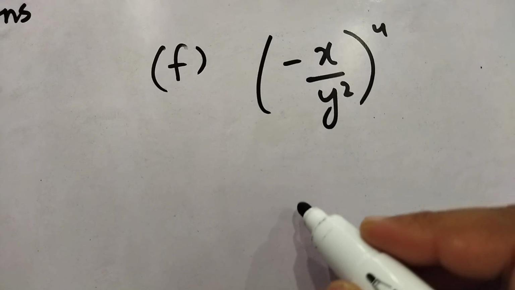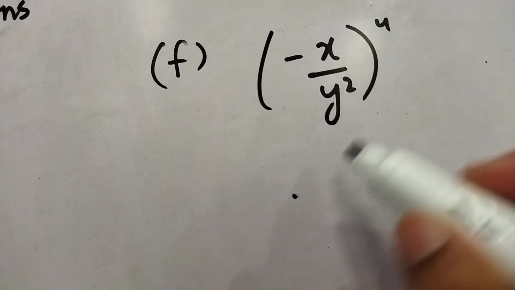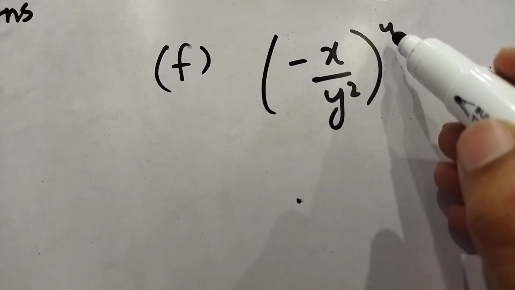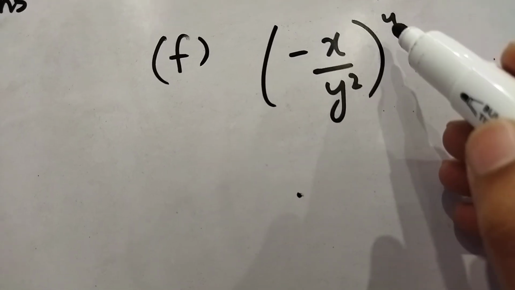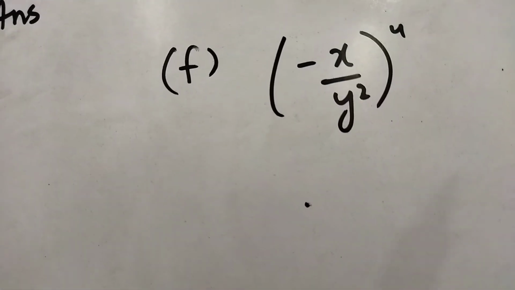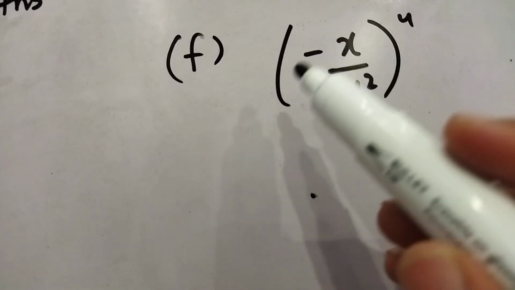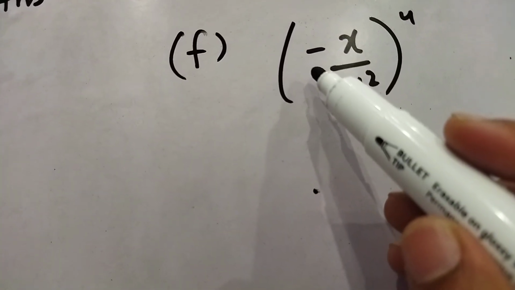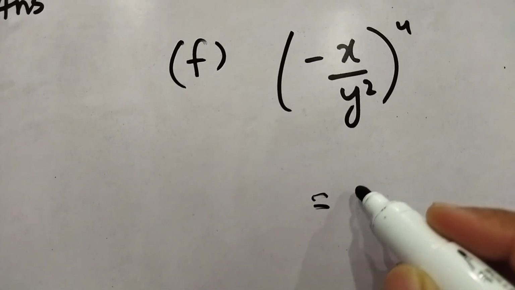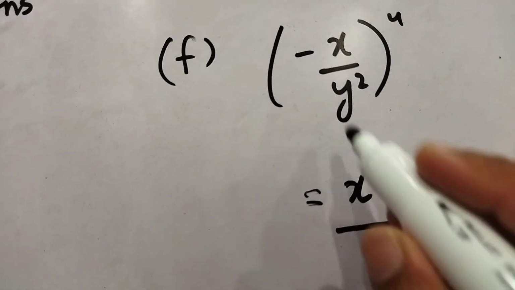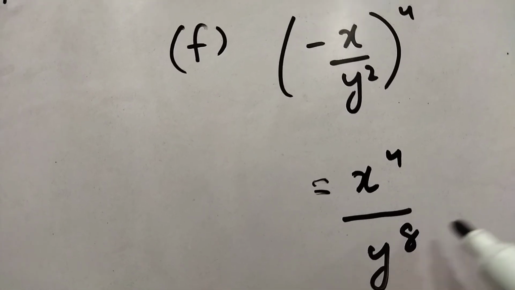So when we multiply this, I already told you that when we have an even power, the base turns into a positive integer. So this even power will turn this negative integer into a positive integer. x raised to power 4 and then y raised to power 8. Right? This is the answer.